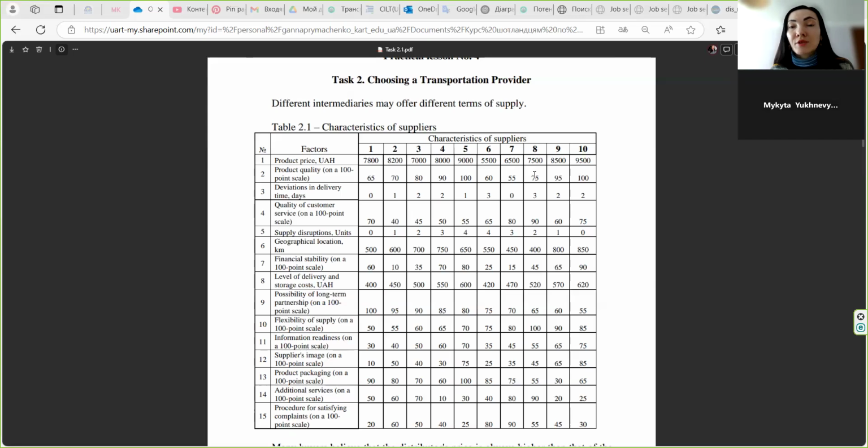Next, we find supplier number 8. It will be the 5th position in our rating. And next, continue the enumeration for other suppliers, please.